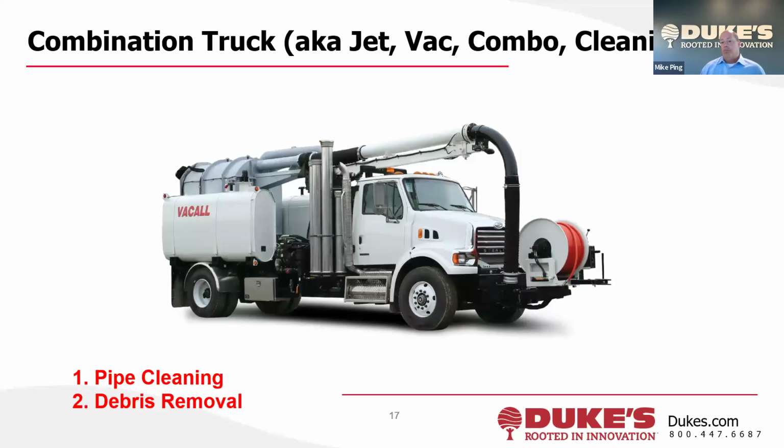Now, let's talk about the names up there. Since I joined the wastewater industry, it was always in my region called a vac truck, right? So you may hear it as a vac truck, you may hear it as a jet truck, you may hear jetter truck, you may hear combo truck, combination truck, whatever the case may be. It's the same vehicle, and it's there to serve two functions. It's there to clean pipe, number one, and then to get the debris out of the pipe into the truck and away, right?